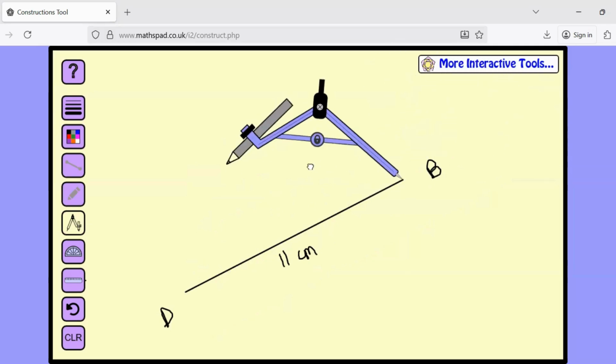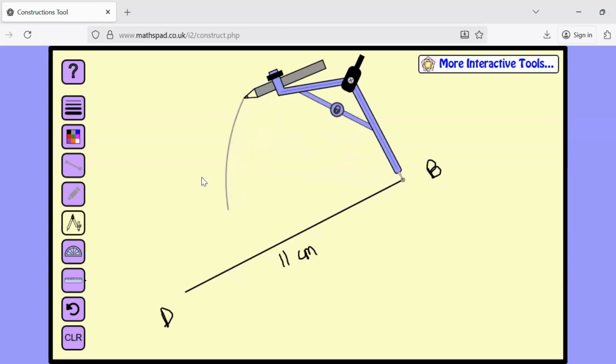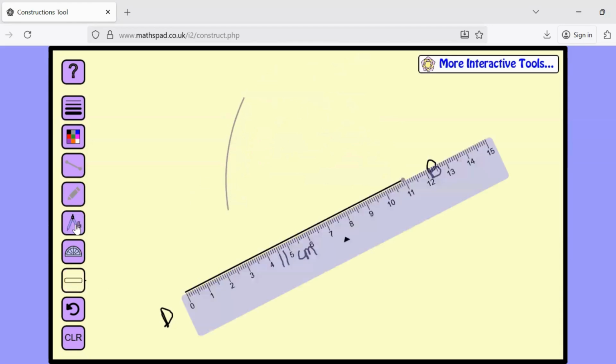I'll be putting an arc 8 centimeters away from B and 6 centimeters away from A.